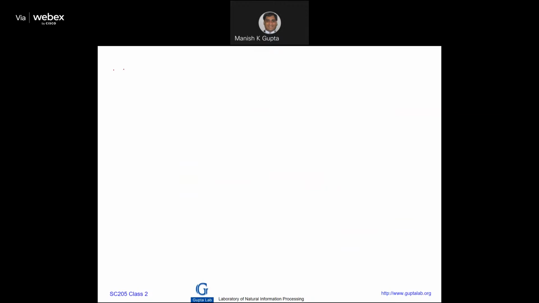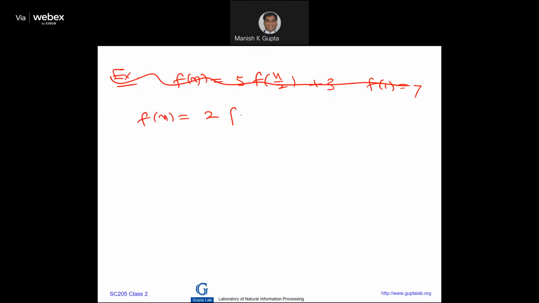As an example, suppose f of n is equal to 5 times f of n by 2 plus 3 and we know that f of 1 is equal to 7. Anyway, we'll do another one actually, sorry. Take f of n is equal to 2 times f of n by 2 plus 2.